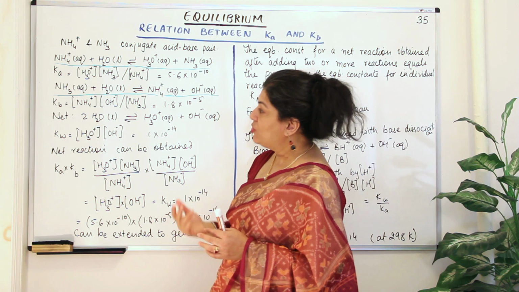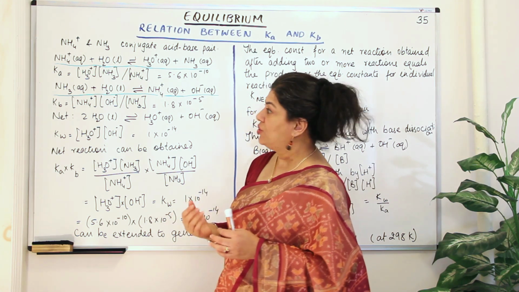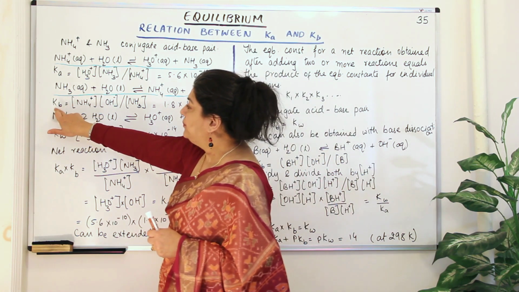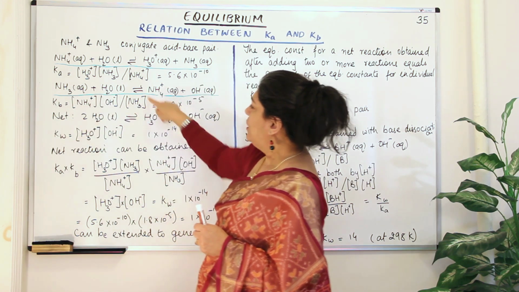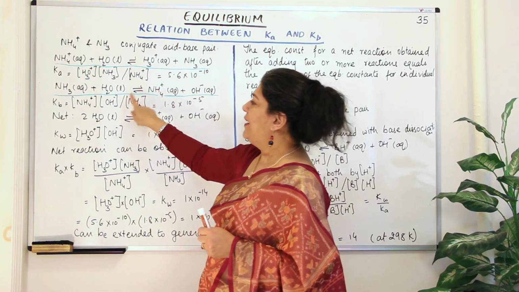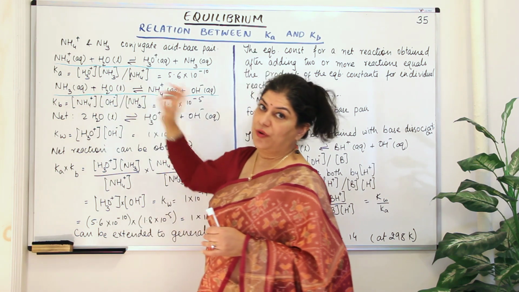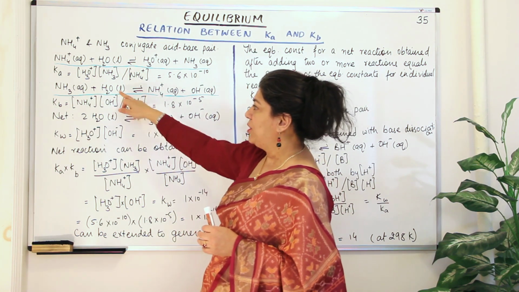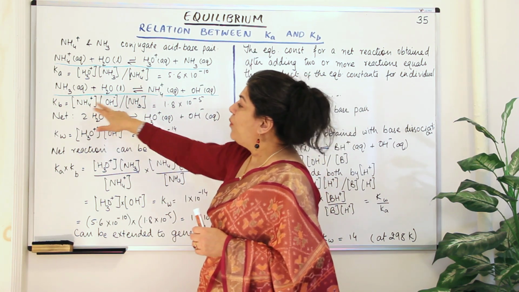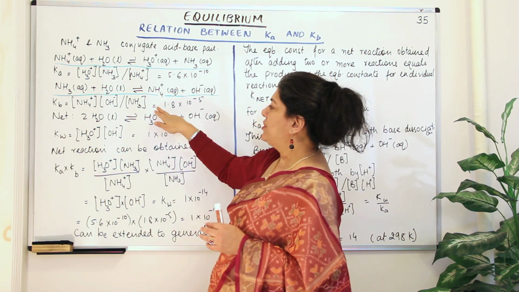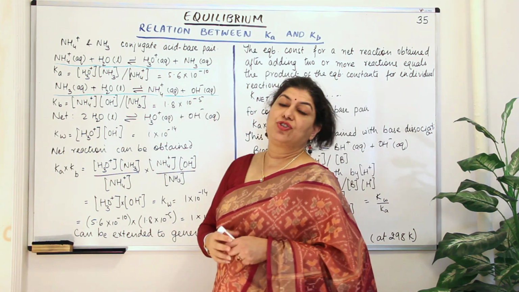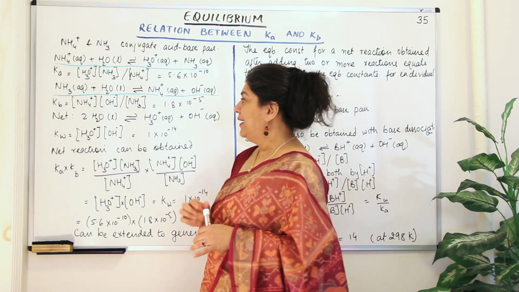So we call it the dissociation constant or the ionization constant of the base. So Kb would be equal to the concentration of products divided by the concentration of reactant, ignoring the concentration of water as we did because it's a liquid. And the value at the same temperature is found to be 1.8 into 10 to the power minus 5.